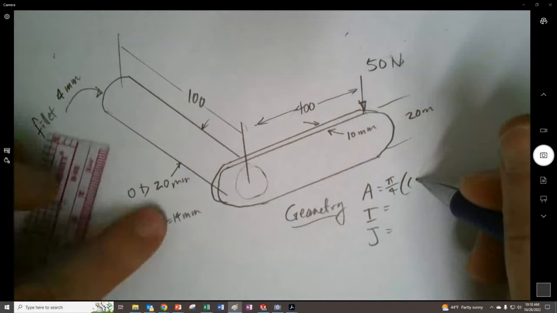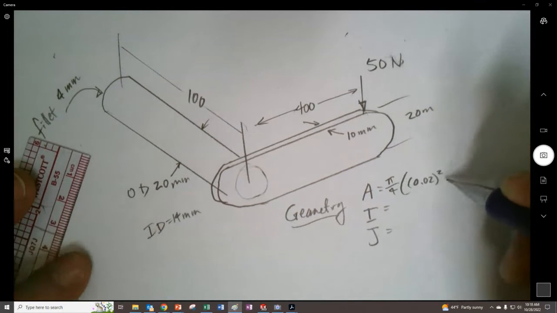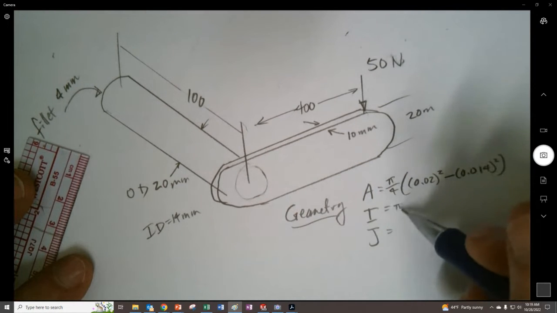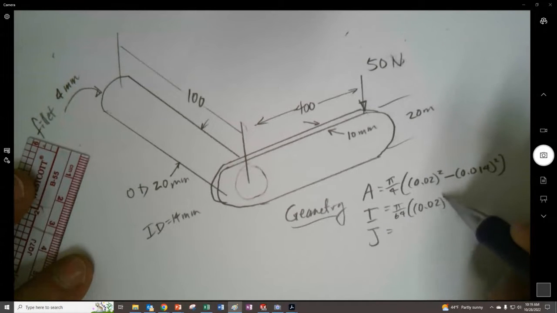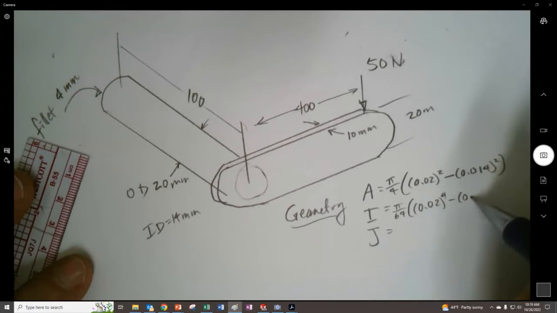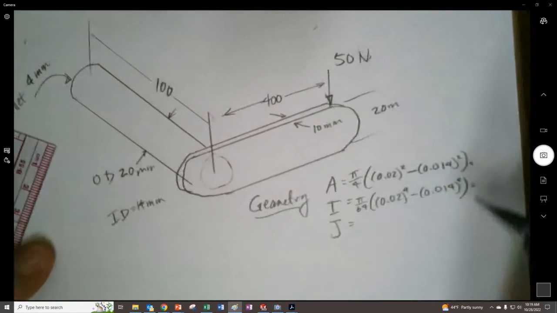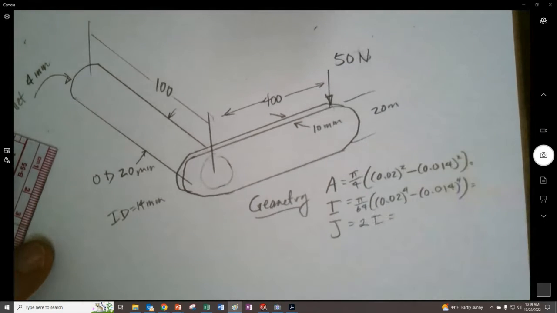So the area is pi over 4 times 0.02 squared minus 0.014 squared, and I is pi over 64 times 0.02 to the fourth minus 0.014 to the fourth. I think I have enough room left over there, maybe. And then this is just going to be 2 times I.